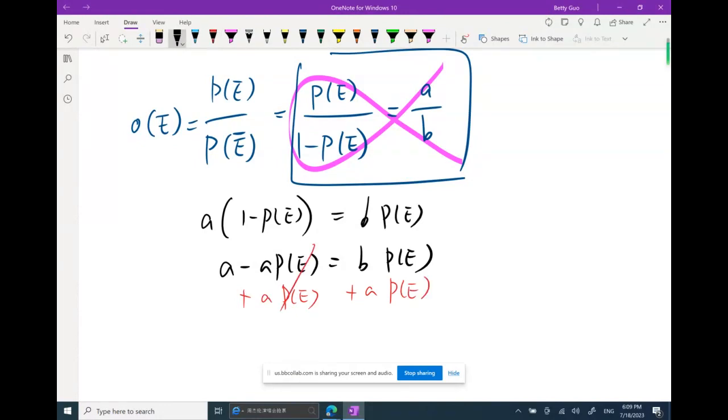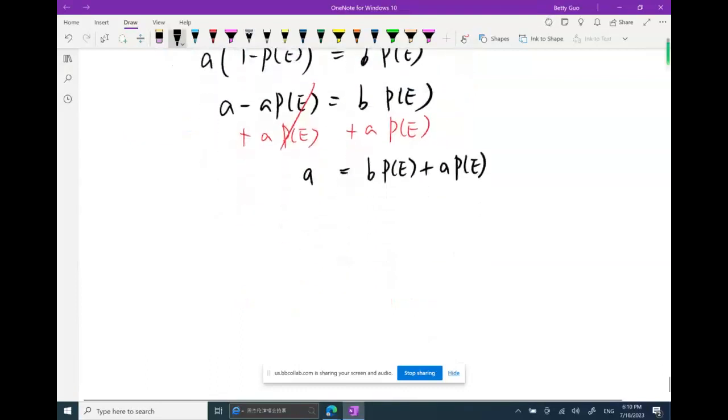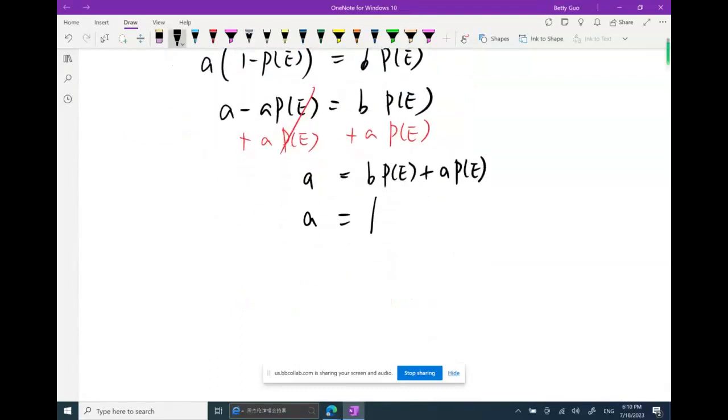Cancel. And we have A equals, on the right side, B times P of E plus A times P of E. And we can factor P of E out. And we have P of E times parentheses A plus B.